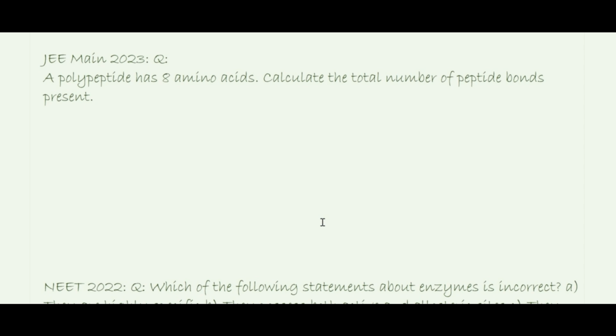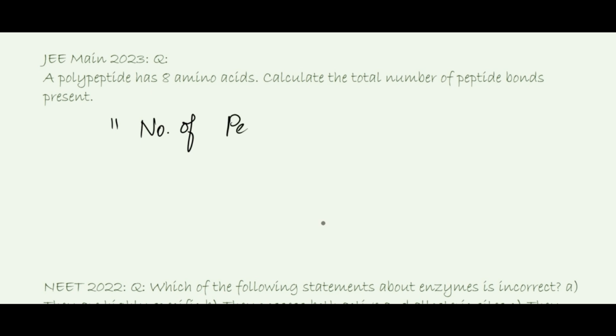So the number of peptide bonds is always 1 less than the number of amino acids. Remember that. Because when they are linking, it becomes 1 less than the number of amino acids. That is a trick to solve this type of question.